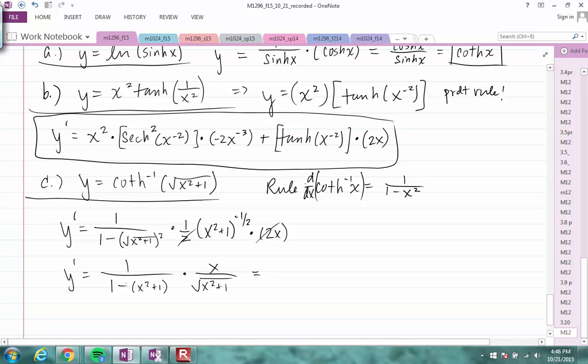Next thing, notice here when we distribute the negative, we have 1 minus 1, so overall we have 1 over negative x squared. So much fun simplifying. Next thing is a pair of x's. So this thing just really boiled down to negative of 1 over x root x squared plus 1. Beautiful.